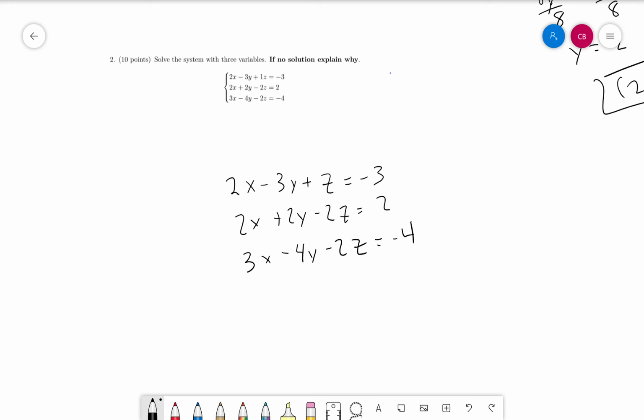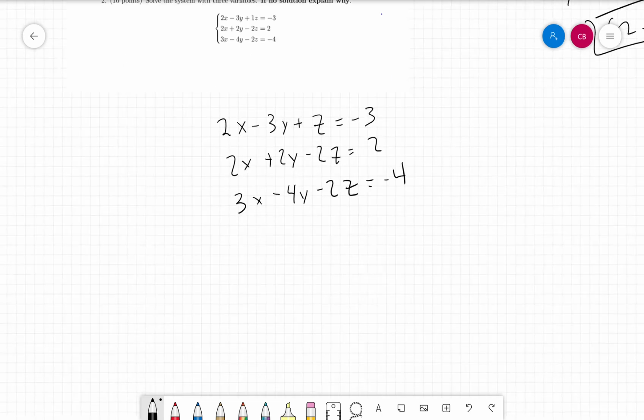If you do the elimination and everything cancels, and you get 0 is equal to 0, that is infinitely many, and if you do the elimination and you get something like 0 is equal to 1, then that is no solution. They're parallel lines, so make sure you're mindful of this.